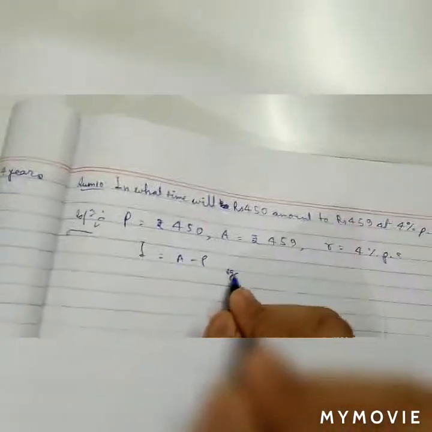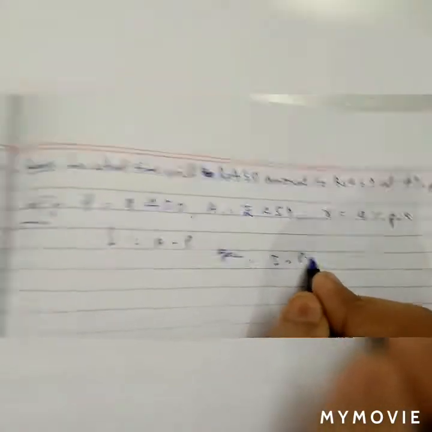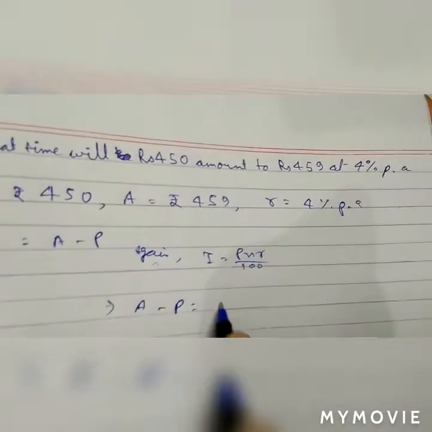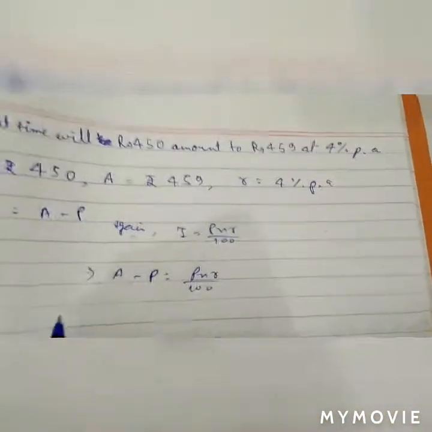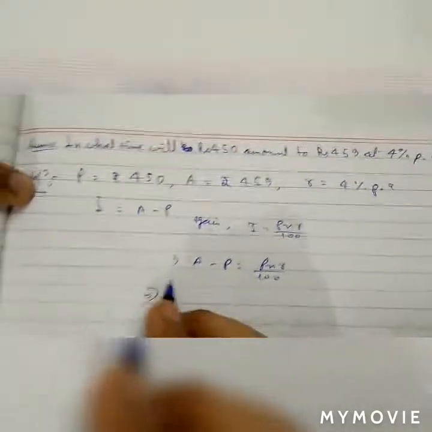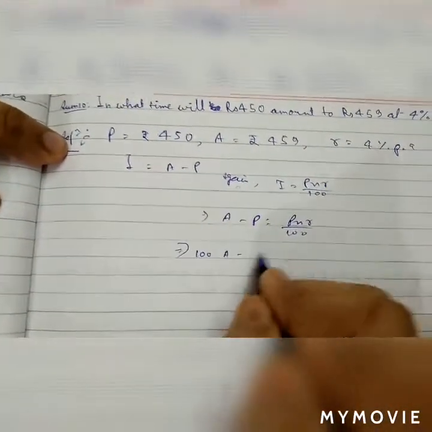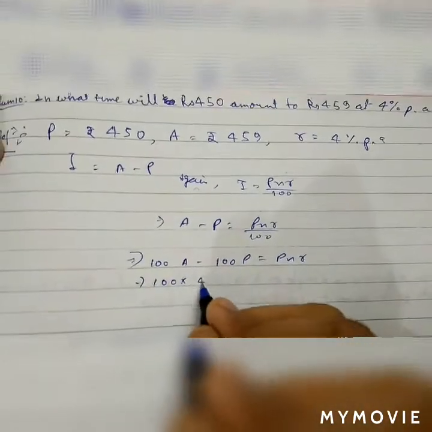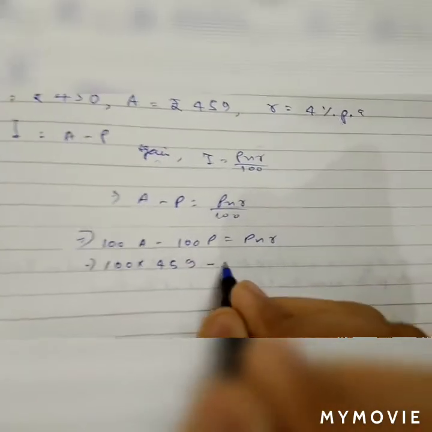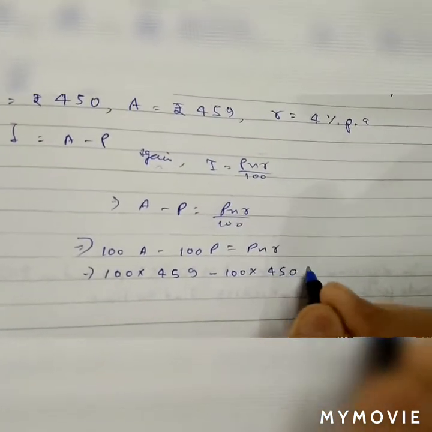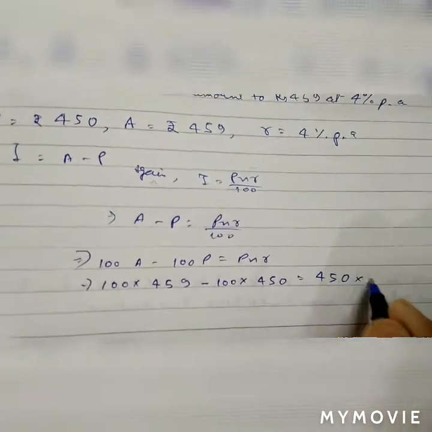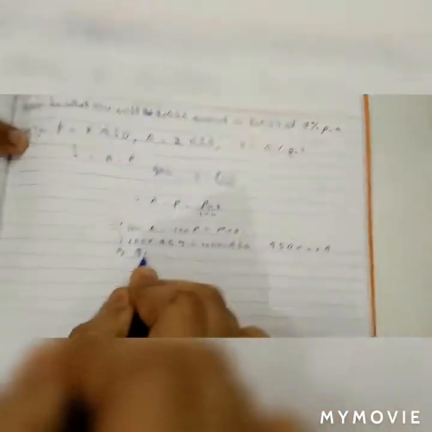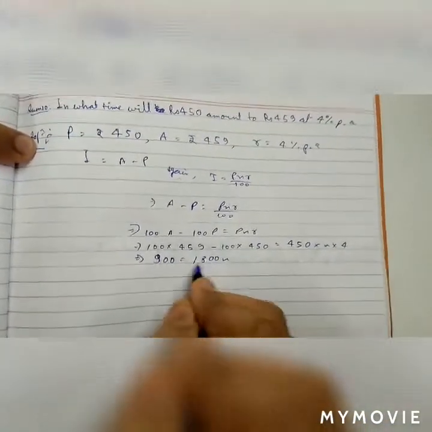Again, I equals PNR divided by 100. It implies A minus P equals PNR divided by 100. It implies 100A minus 100P equals PNR. It implies 100 into 459 minus 100 into 450 equals 450 into n into 4. 900 equals 1800n.